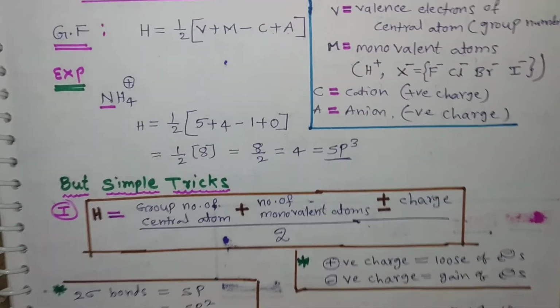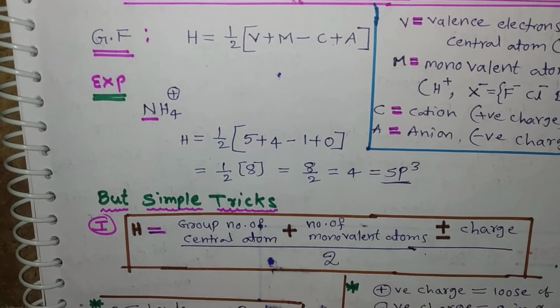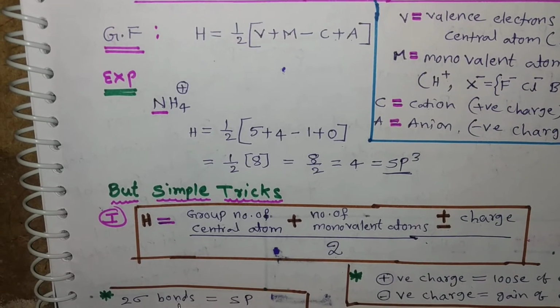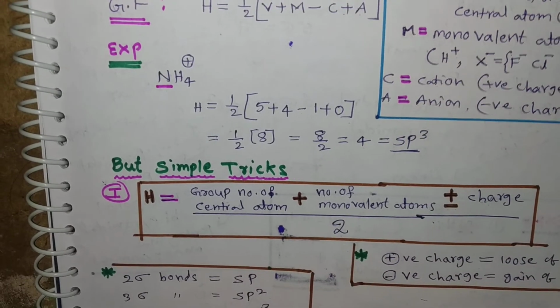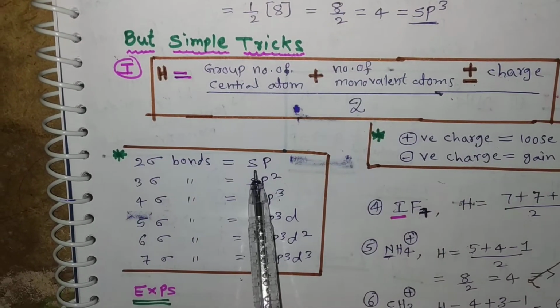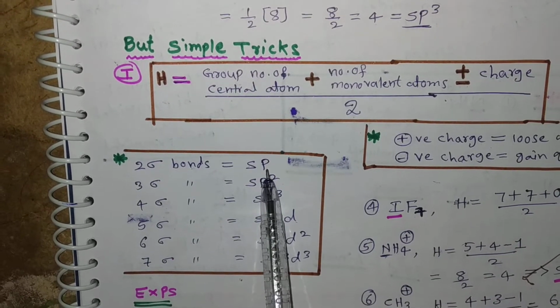And if there are two sigma bonds in a molecule, what is the hybridization? sp hybridization.